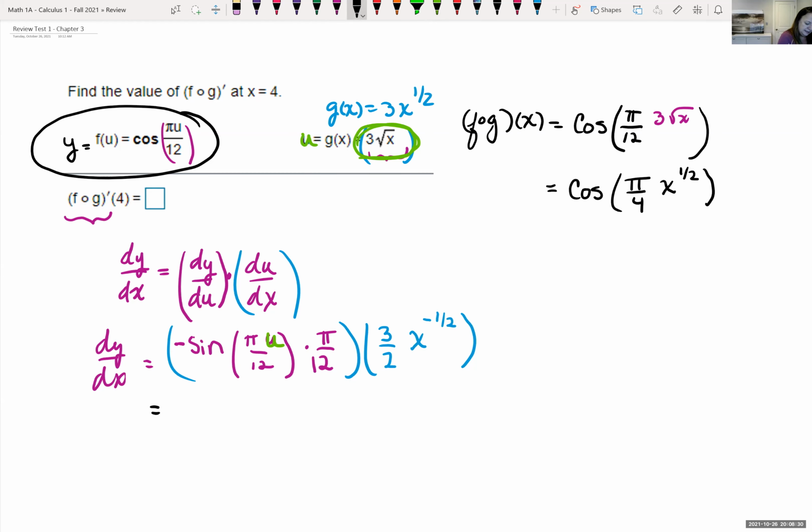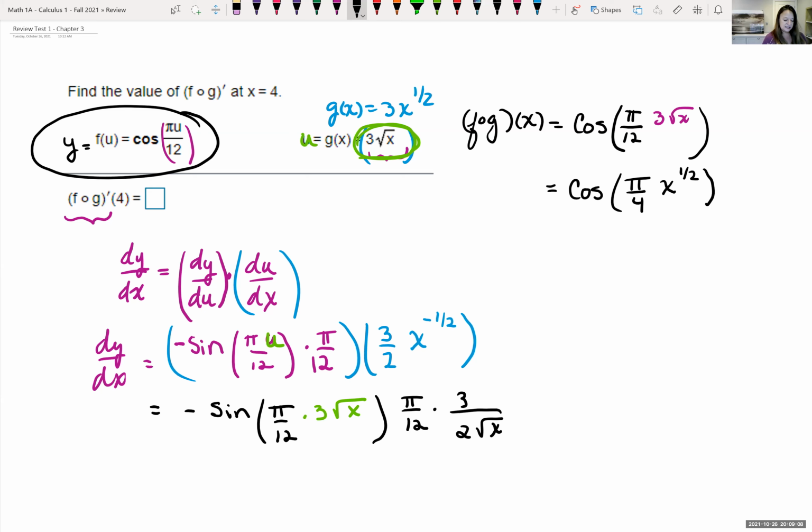And so we get negative sine of pi 12ths times u, but u was 3 square roots of x, all times this pi 12ths times 3 all over 2, and I'm going to bring x to the negative 1/2 power down to the denominator, make that positive, and rewrite it as a square root of x.